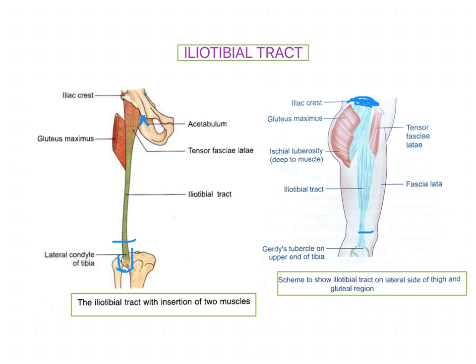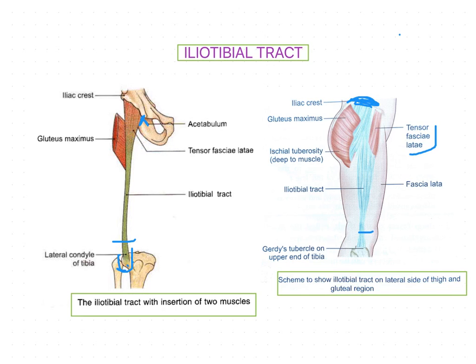Now we will see the importance of this iliotibial tract. Two important muscles are inserted in its upper part, between the superficial lamina and the deep lamina. These muscles are the gluteus maximus and the tensor fasciae latae. Don't confuse the tensor fasciae latae muscle with the fascia lata.